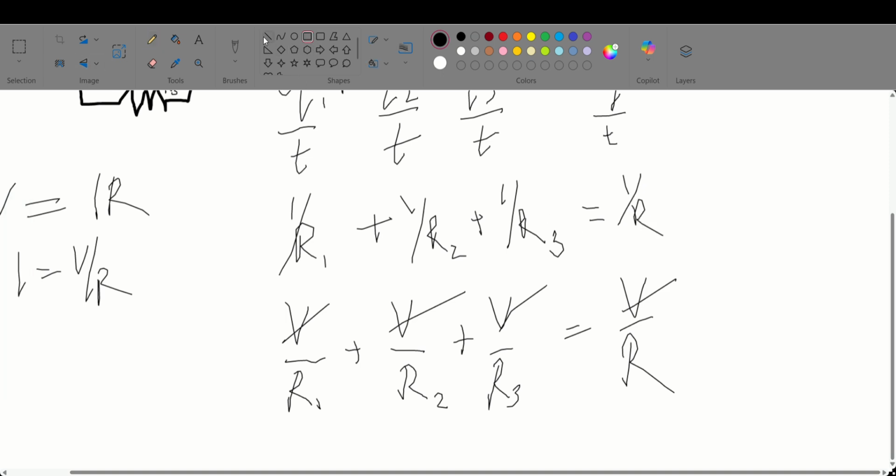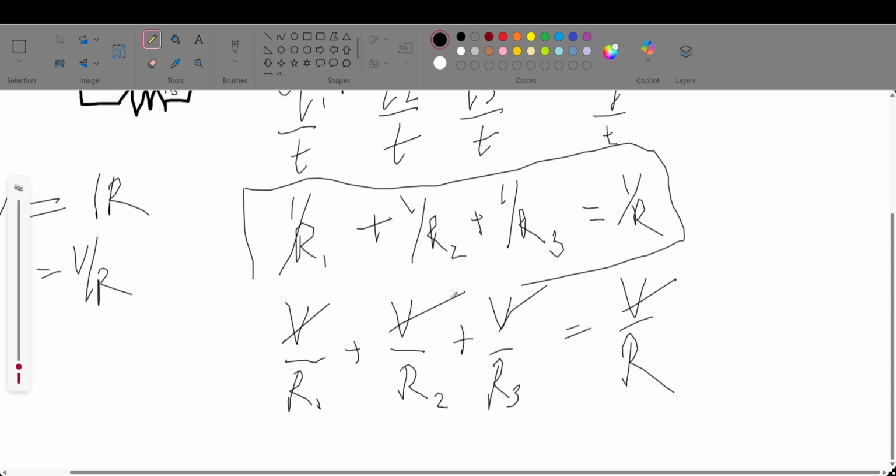So this is how we come up with the relation of multiple resistances connected in parallel.